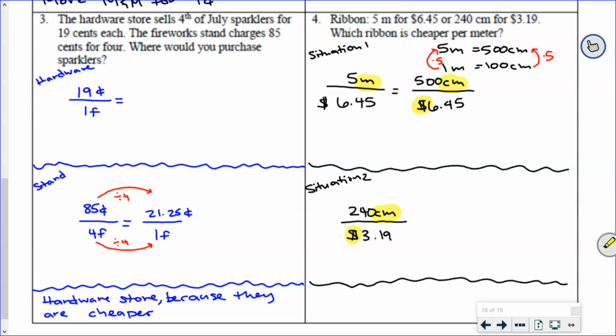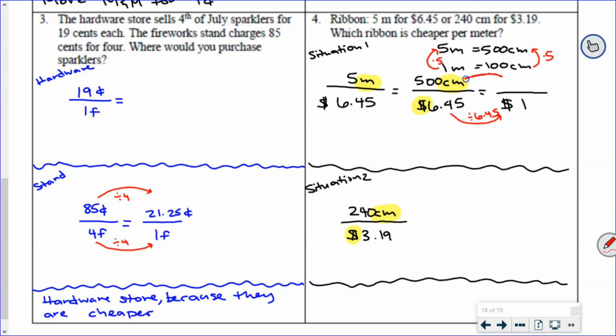And now that we're dealing with the same units, this is going to be a lot easier to compare those unit rates. So again, our unit rate means that we're really trying to figure out what that means with the 1 in the bottom. So how much ribbon can I buy for $1? So we know that the $6.45 will change to a 1 by dividing by 6.45.